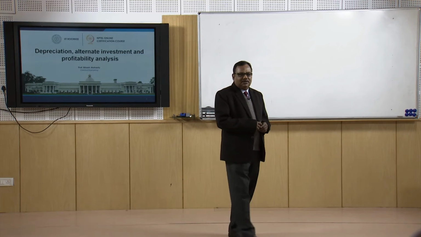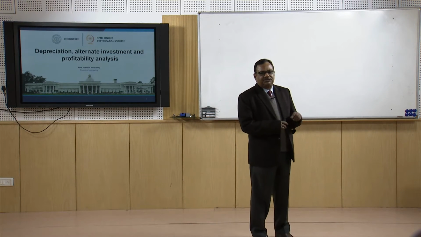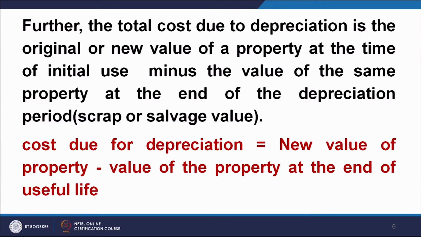Further, the total cost due to depreciation is the original or new value of the property at the time of initial use, that means when it is placed to use, minus the value of the same property at the end of the depreciation period, and this value is called either a scrap value or a salvage value.